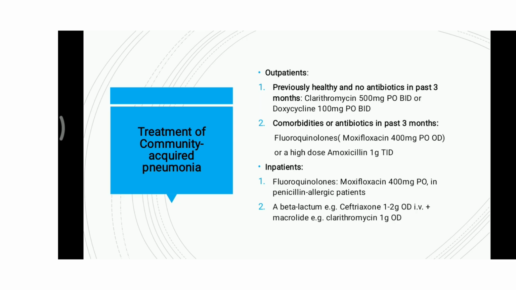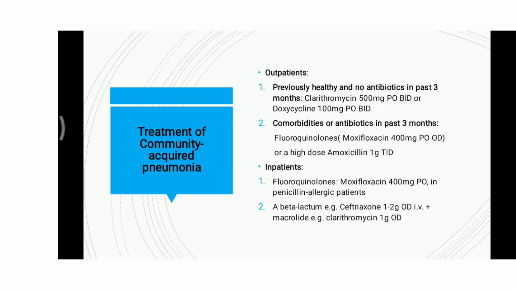So for them, we can give clarithromycin 500 mg per oral 2 times a day, it is BID, or we can also give doxycycline 100 mg per oral 2 times a day. The second way is the patients who are suffering from comorbidities like hypertension or diabetes or any kind of comorbidity, or if the patient has taken antibiotics in past 3 months.